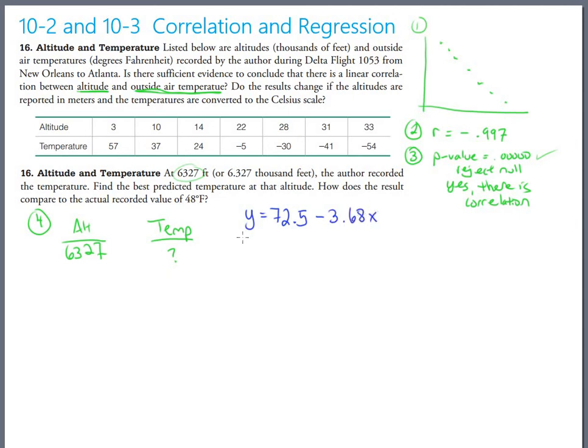Okay. There's the relationship between x, between temperature and altitude. Altitude is x, and y was temperature. So we just need to put an altitude where x is, 6,327, and figure out our y.